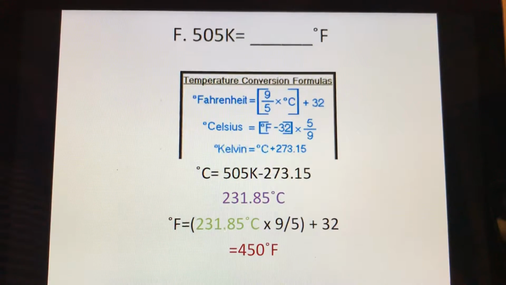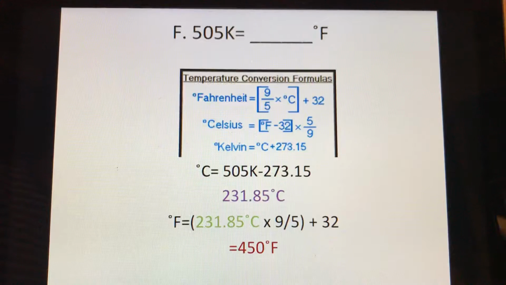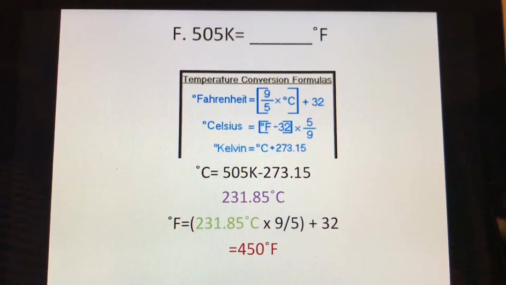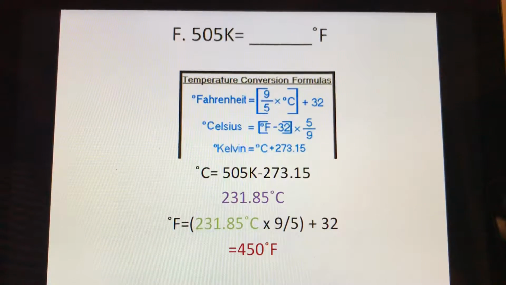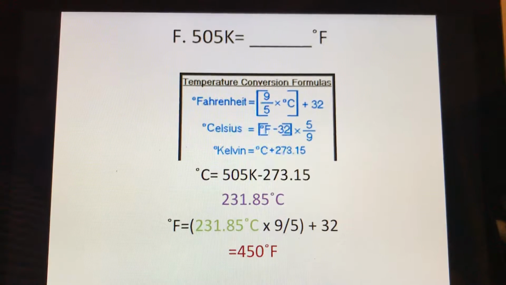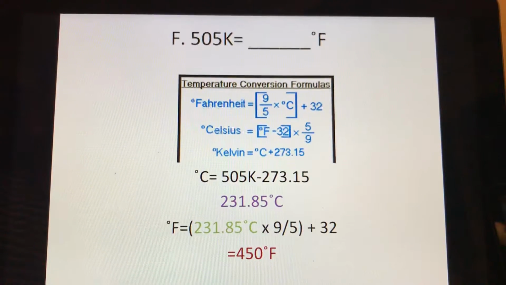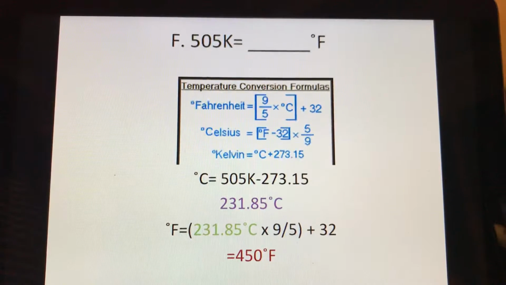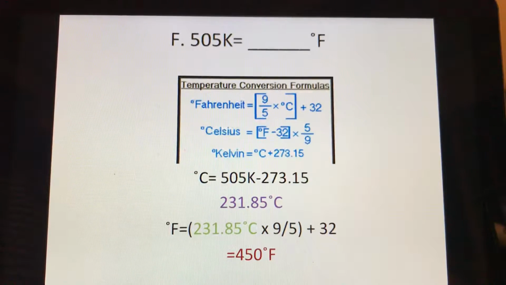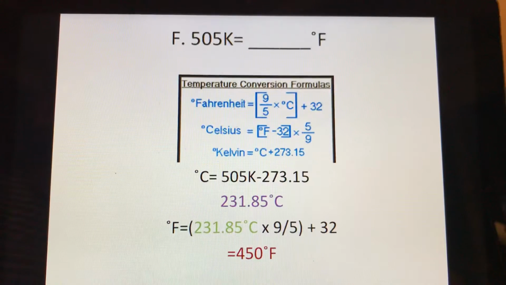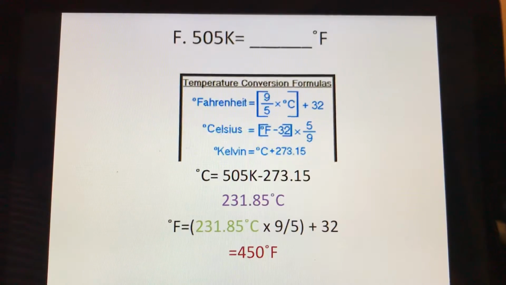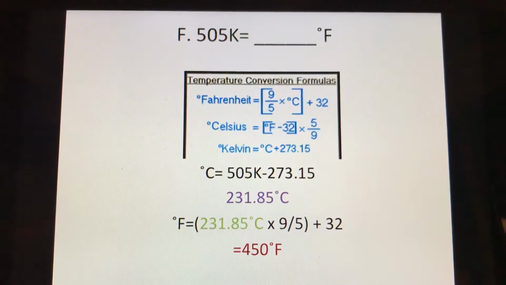So 505 K minus 273.15 gives us 231.85 degrees Celsius. We plug that into our Fahrenheit conversion, which is 231.85 degrees Celsius times 9/5 plus 32, which gives us 450 degrees Fahrenheit.